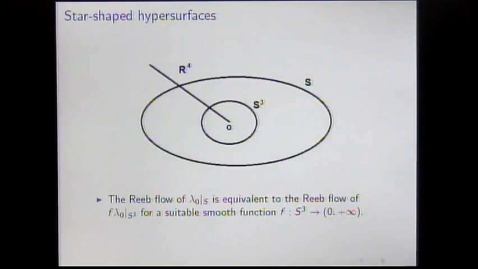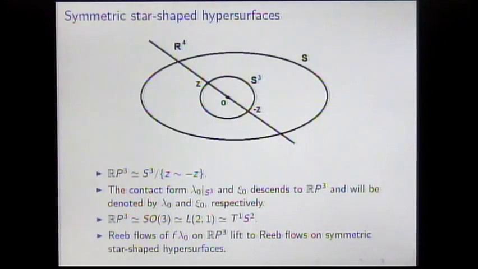But to talk about RP3, let me just define it. I will define RP3 as the quotient by the antipodal symmetry, identifying the point z with minus z on S3. This is what I call RP3.